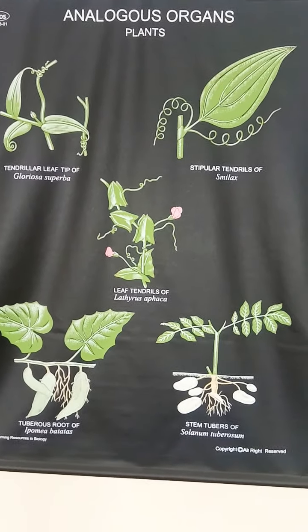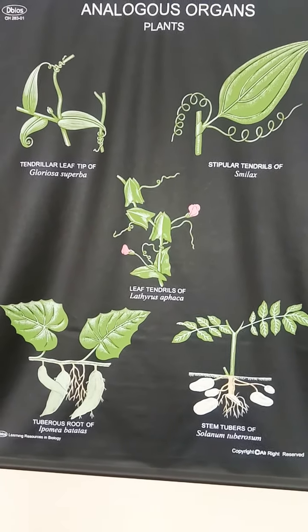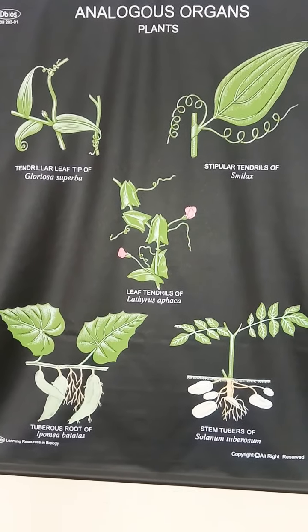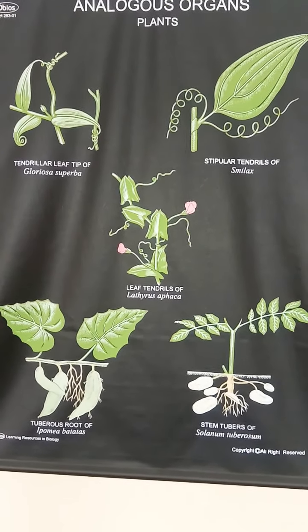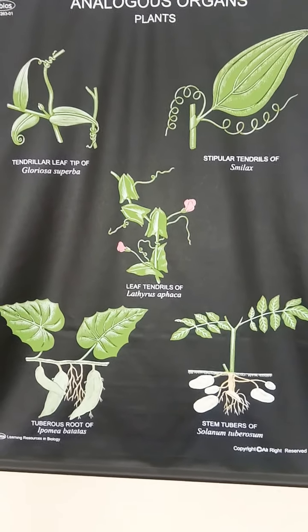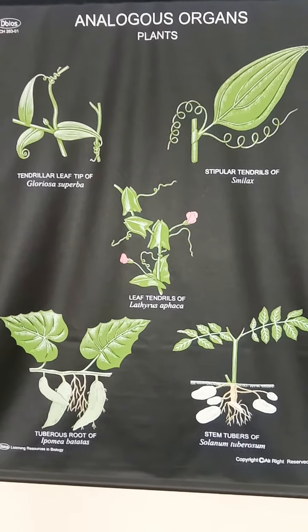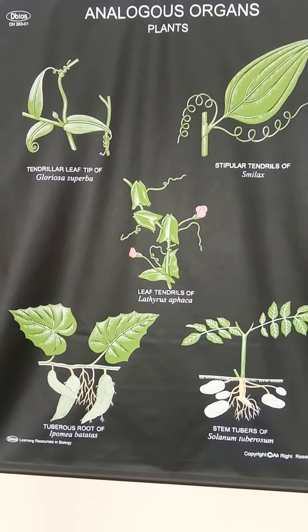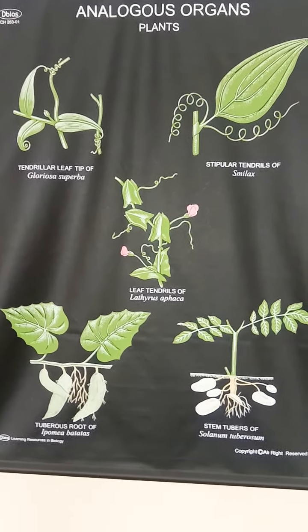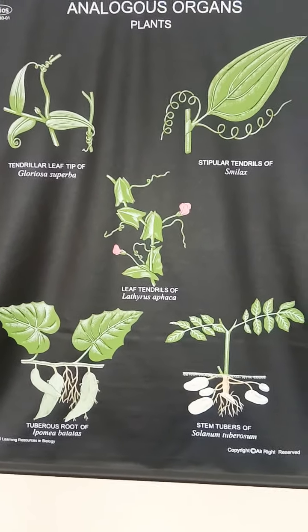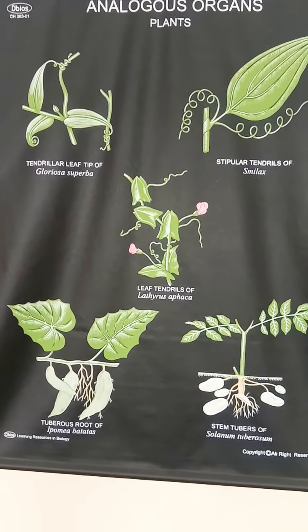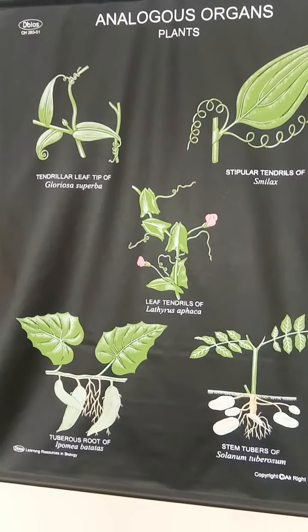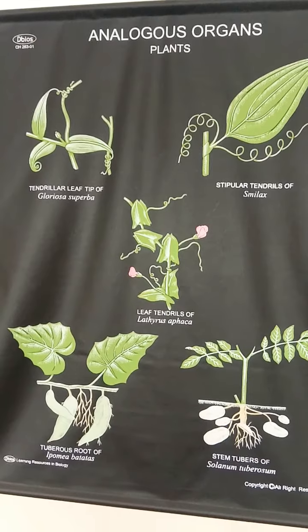So you can see in diagram first, tendril leaf tip of Gloriosa superba and stipular tendrils of Smilax, leaf tendrils of Lathyrus aphaca, and tuberous root of Ipomoea batatas, stem tubers of Solanum tuberosum, that is potato, Ipomoea batatas, that is a sweet potato. So you can see these organs that have same function but different structure.